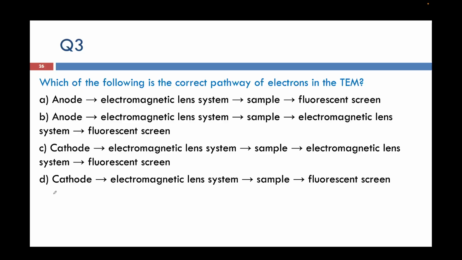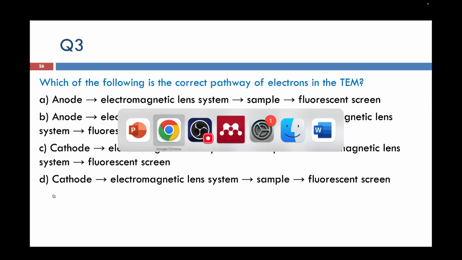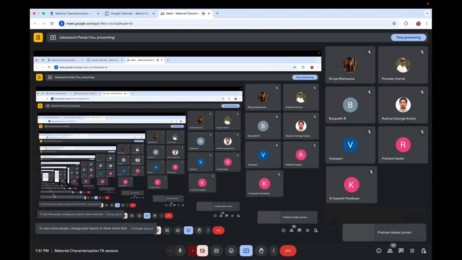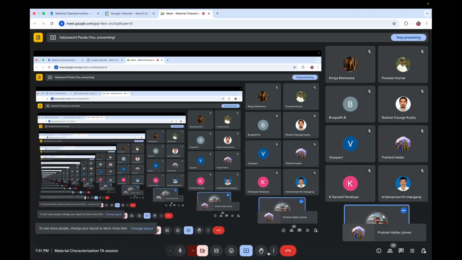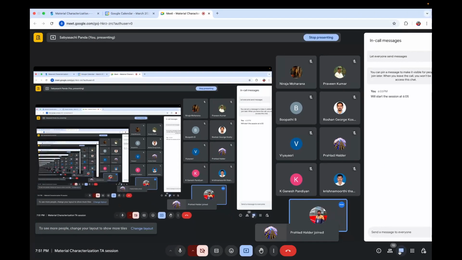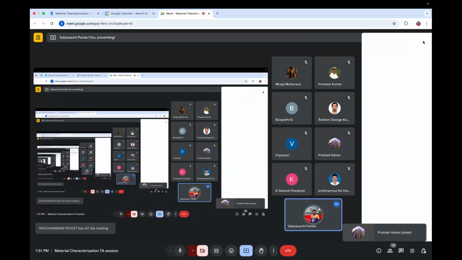The options list anode, electromagnetic lens system, sample, fluorescent screen; anode, electromagnetic lens system, sample, electromagnetic lens, fluorescent screen; cathode, and so on. I'll just check if anyone has written anything. Okay, no one has written.